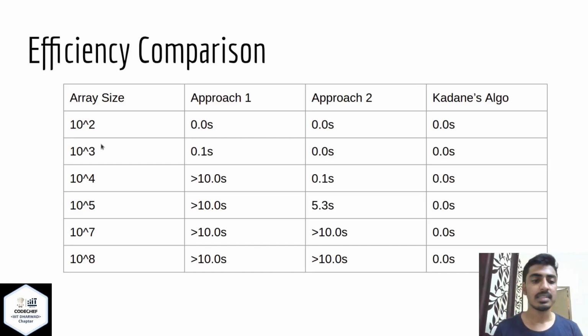The first approach was O(n^3), and it is going to take more than 10 seconds, because if you provide 10^8 as the input size, it has to perform around 10^24 operations. That is going to take a lot of time. Kadane's algorithm is linear time, of O(n) time complexity, and it takes nearly 0 seconds for inputs up to size 10^8.